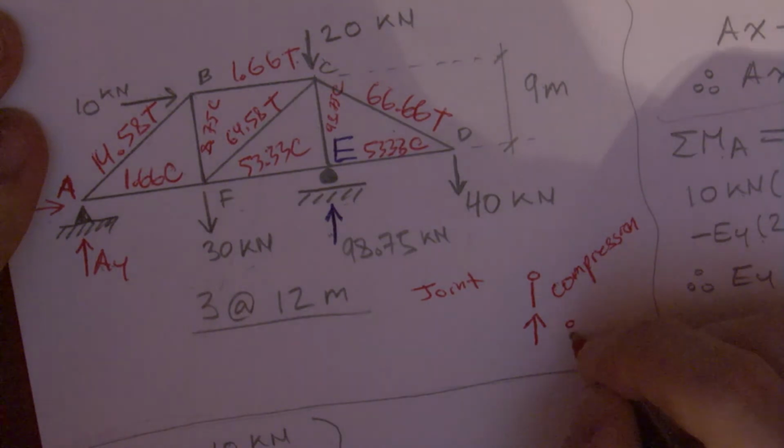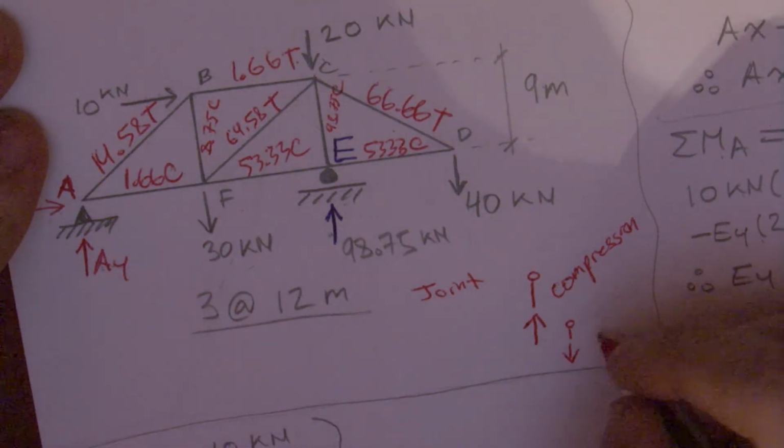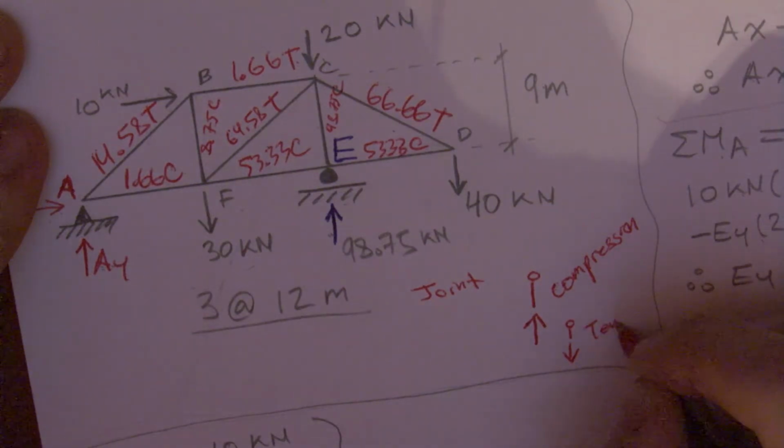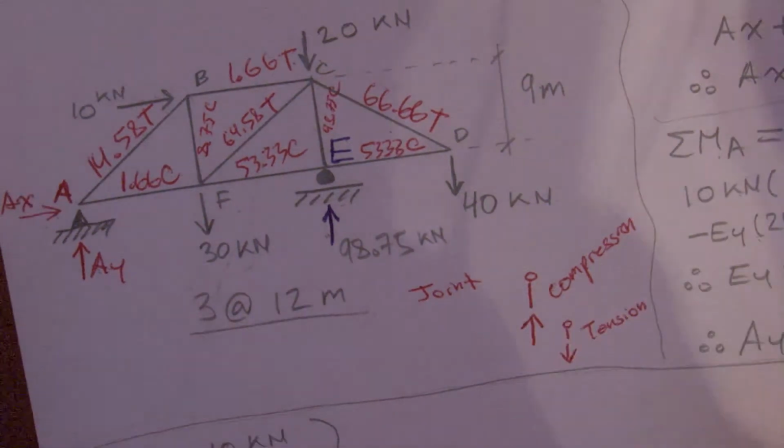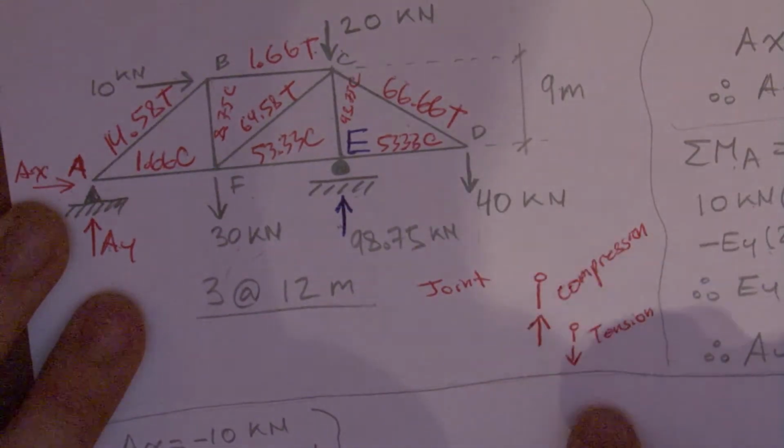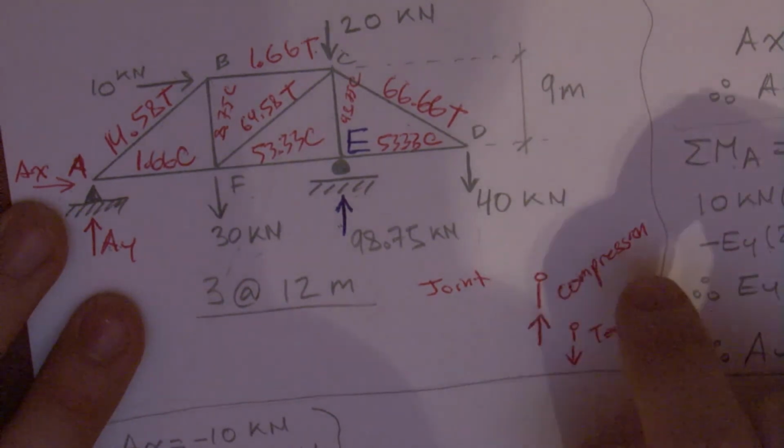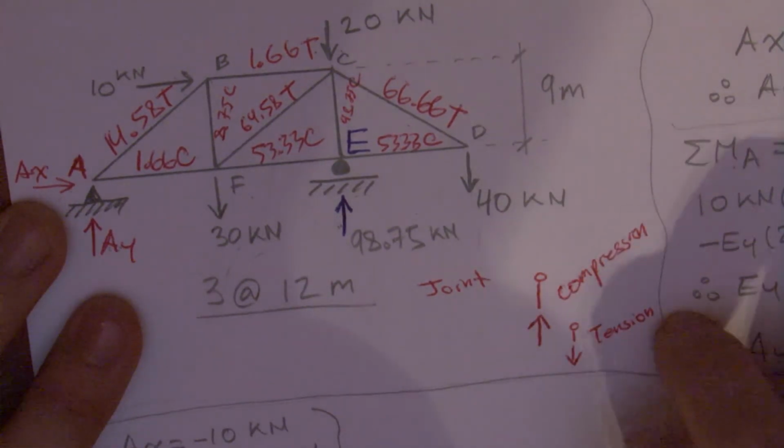If you have something like this, that's tension. Now the direction is irrelevant, it's just the action that's being performed. So if it's pushing in on the joint, it's compression. If it's pulling away, it is tension.